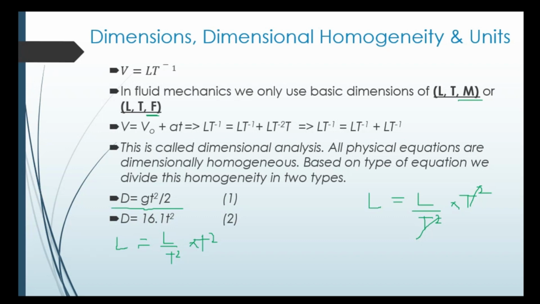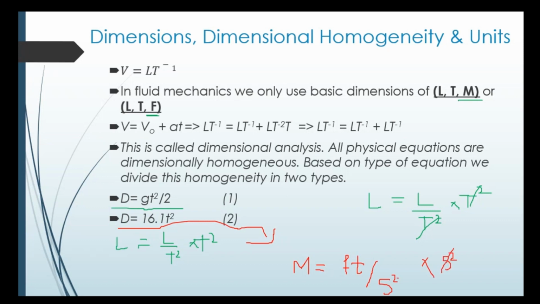When I start using, let's say, the things I will be writing in red will be incorrect. So I use SI system for equation number 2. I'm using dimensions of system international. Length is in meters, I write meter. 16.1 has units of feet per second square, into second square.